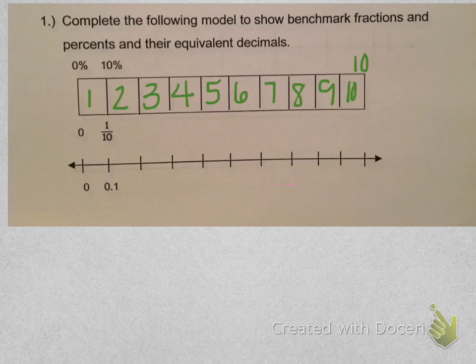At the end, we have 100%. And if we have one, that's 10%. If we have two parts, that's 20%. I would like you to go ahead and fill in the percents, the fractions, and the decimals. So press pause and then press play whenever you have finished.